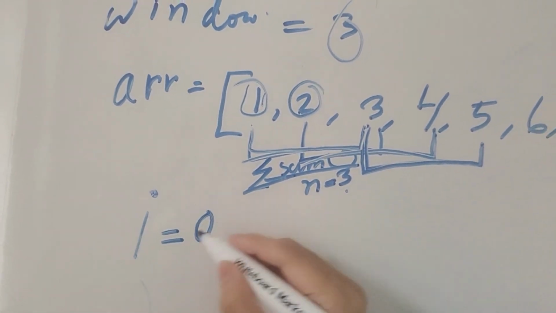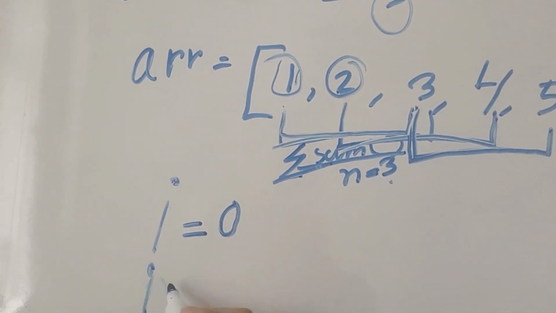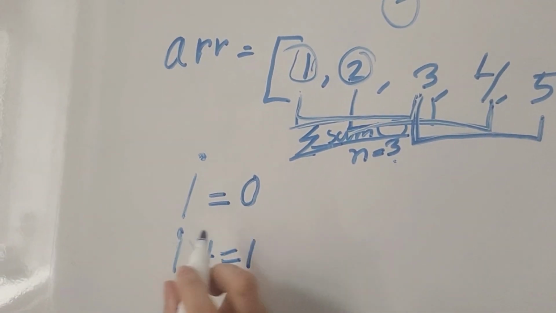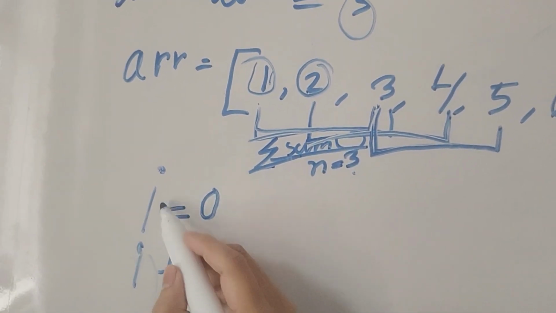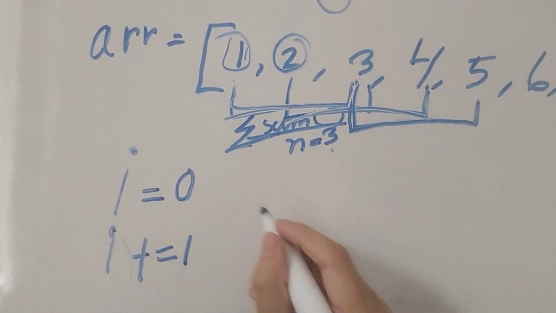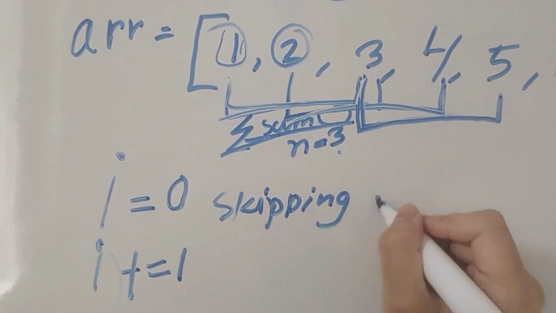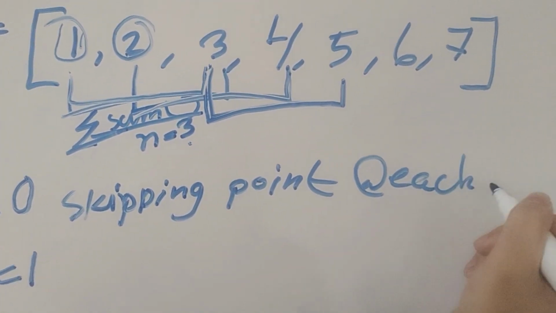So every time we move, we need to come back and increase i by 1. We increase the skipping points by 1. So i represents our skipping point at each step.